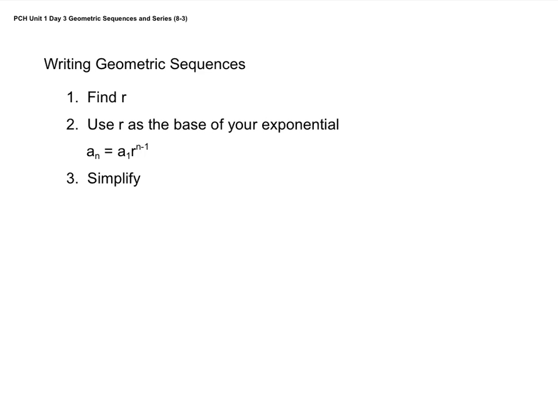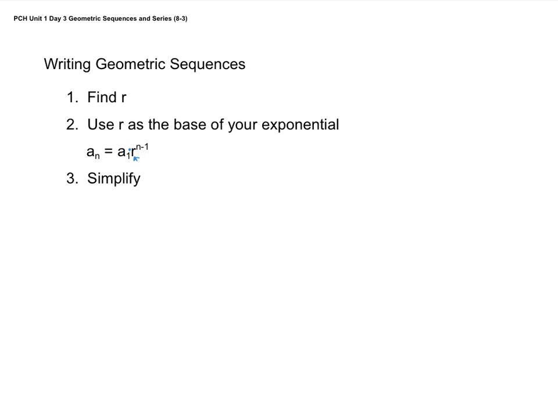What is that common ratio? Then, r is the base of the exponential. Notice I have copied here again that formula that we just saw. r is the base of the exponential part. Notice a sub 1 is being multiplied by r to a power. So r is the base. And then, of course, simplify.